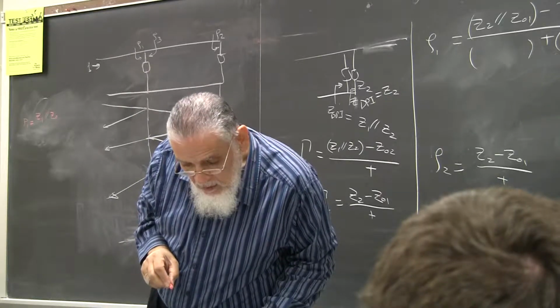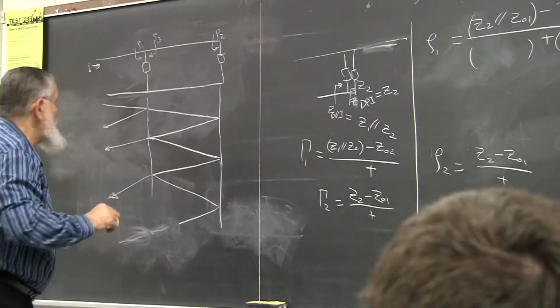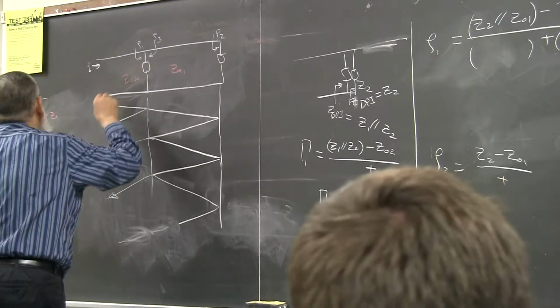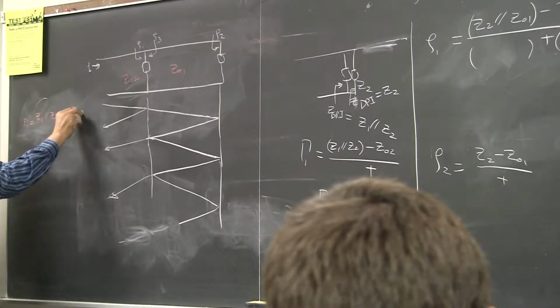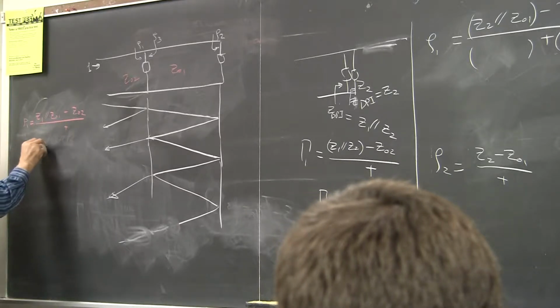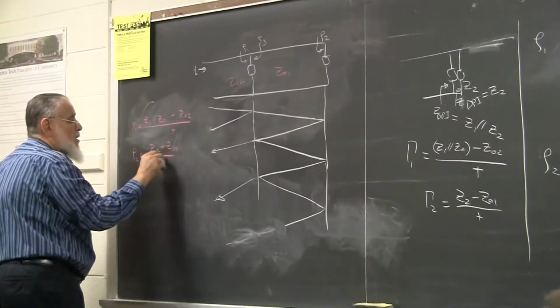Z naught 1 is the one on the right, and Z naught 2 is on the left. So in parallel with Z naught 1 minus Z naught 2, divided by the sum. Rho 2 will be Z2 minus Z naught 1 divided by the sum.